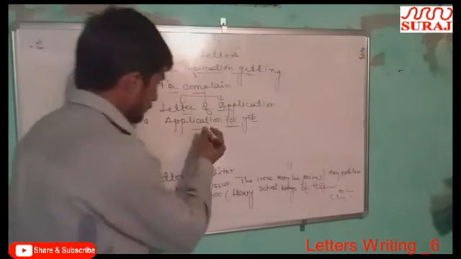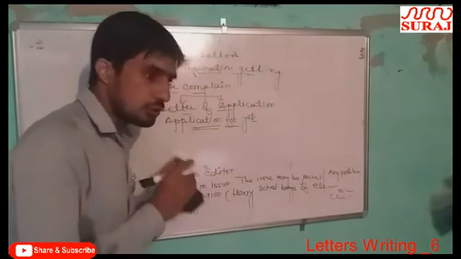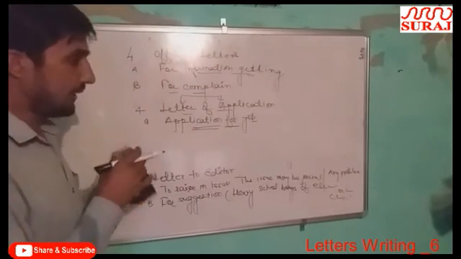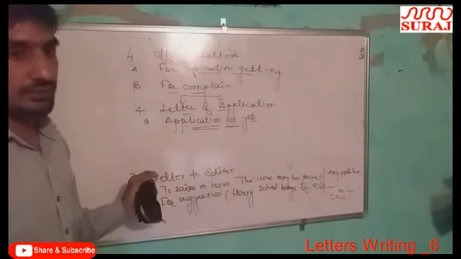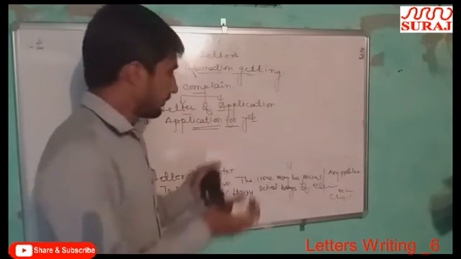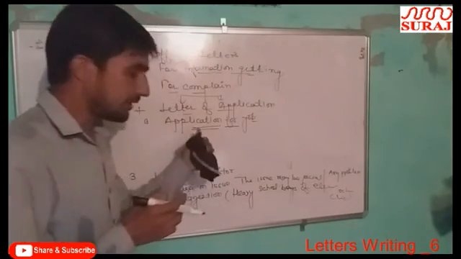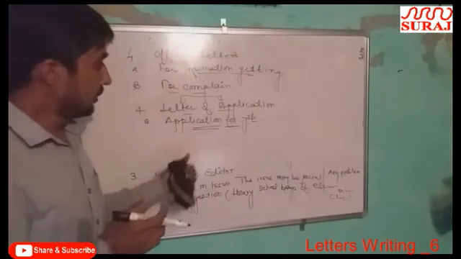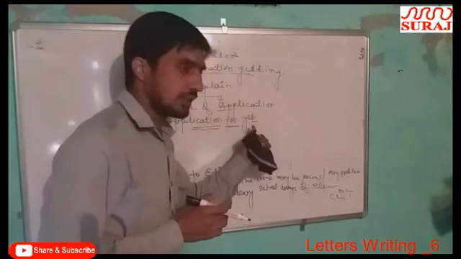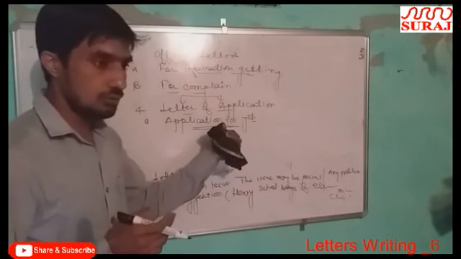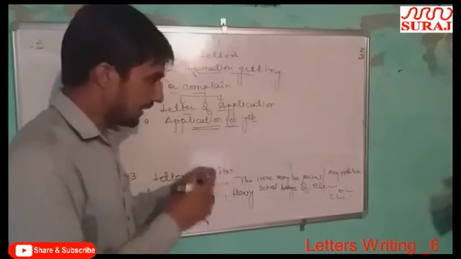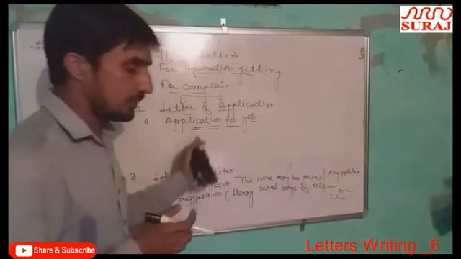And in this, you also attach your resume, in other words we can say biodata, but there is a slight difference between resume and biodata. But you just write the resume, which is necessary for this type of application letter, because in this you require a job, and the entire detail is explained in this.